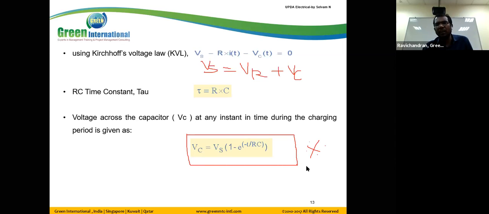We must remember this formula. This is similar to the current: when using the RL circuit we must remember the current, and when using the RC series circuit we must remember the voltage. So we must remember this formula for the capacitor voltage while charging.